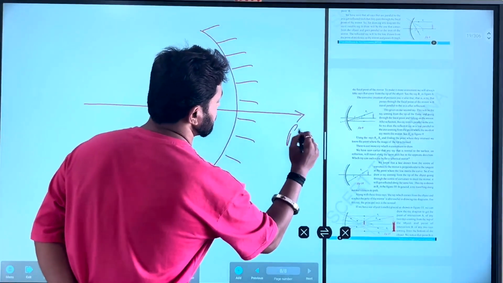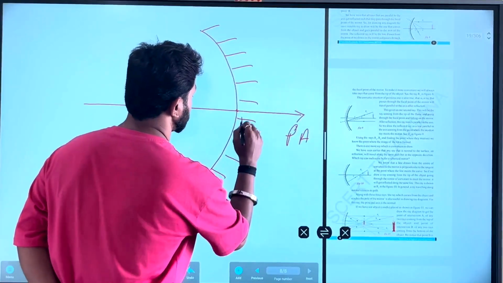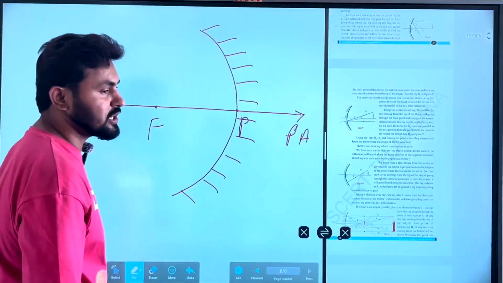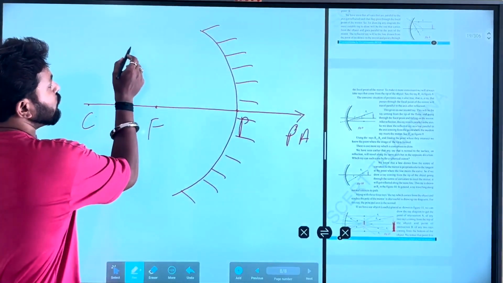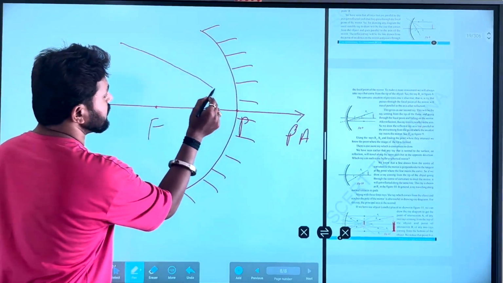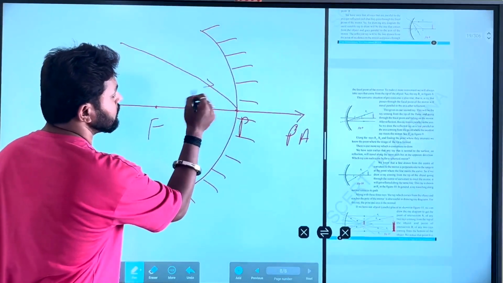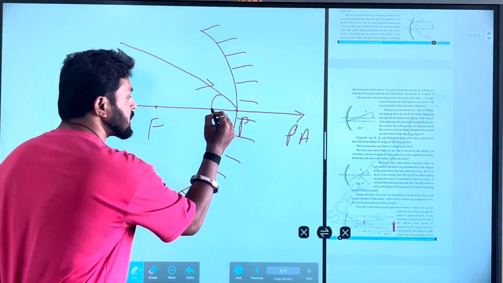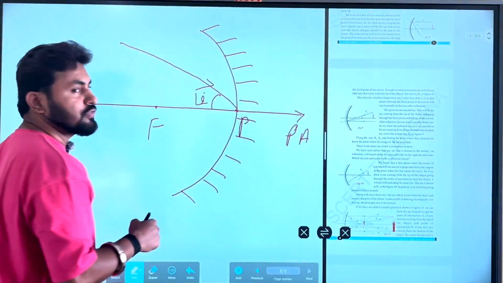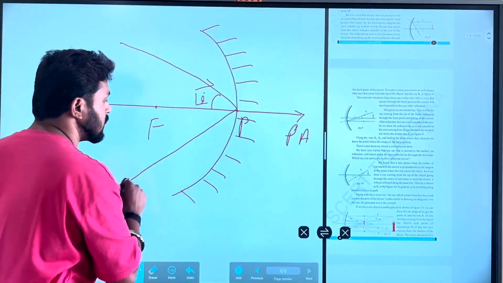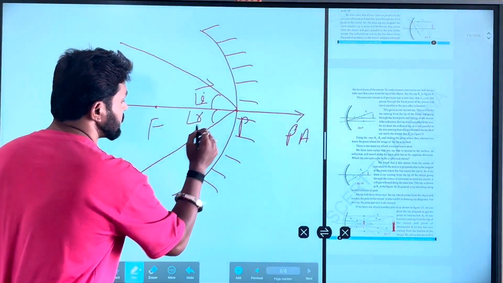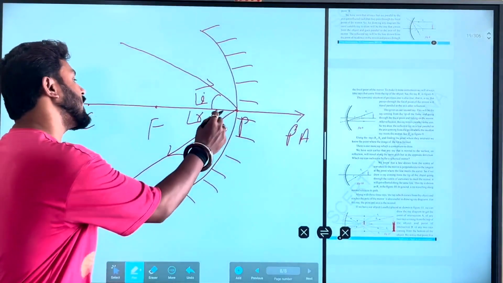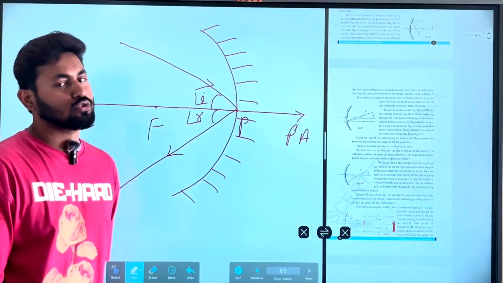The fourth rule says that, this is F, this is C. If a ray of light coming from infinity strikes the mirror at the pole, the angle at which it is striking, the angle of incidence at the pole, the angle of reflection will also be the same. The angle of reflection and angle of incidence will be the same when it is striking at the pole. This is the fourth rule that we have.